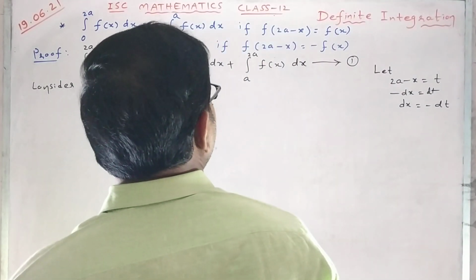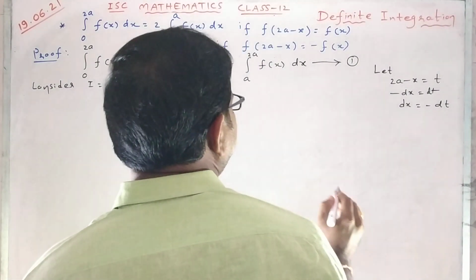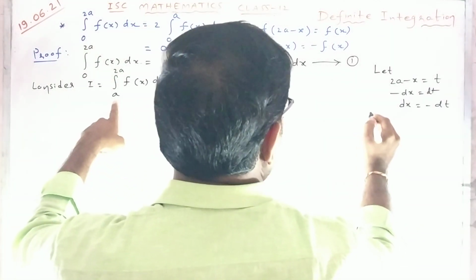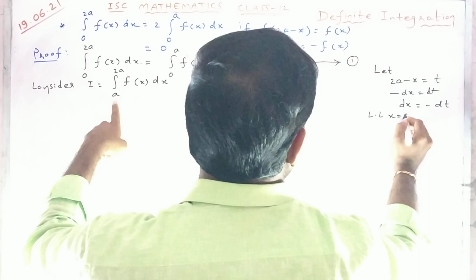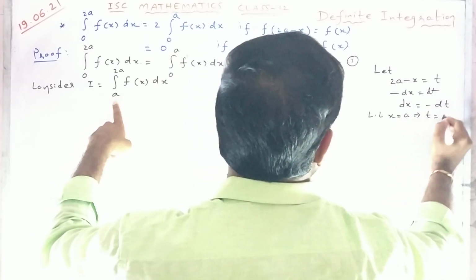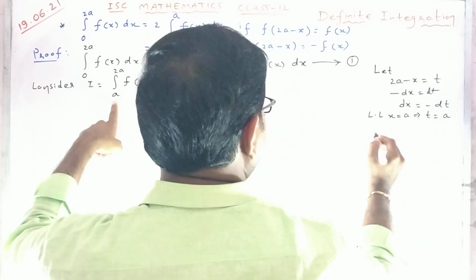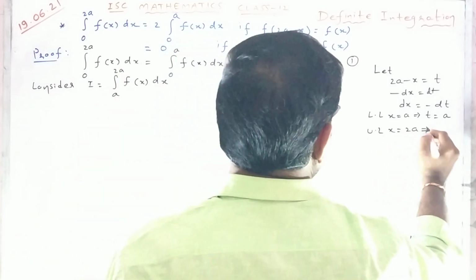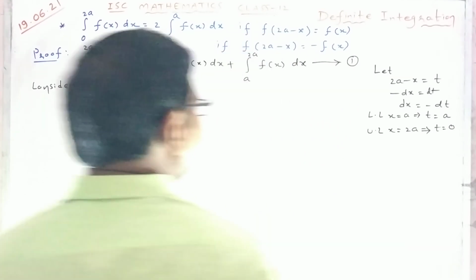Immediately what should you do? In definite integration, if you take a substitution, we have to change the limits also. Lower limit: if x equal to a, then t will be 2a minus a, which is a. Upper limit: x equal to 2a means t will be 2a minus 2a, 0.